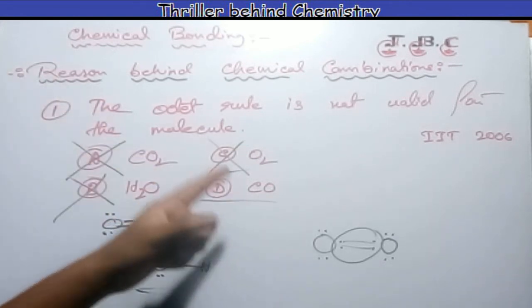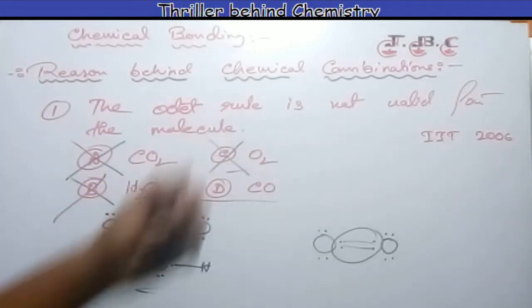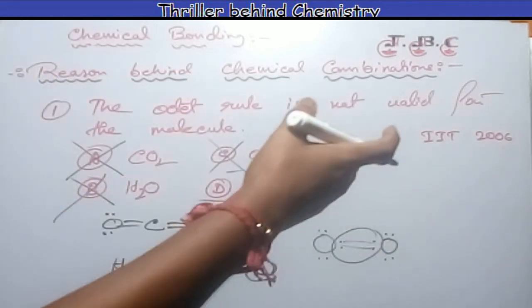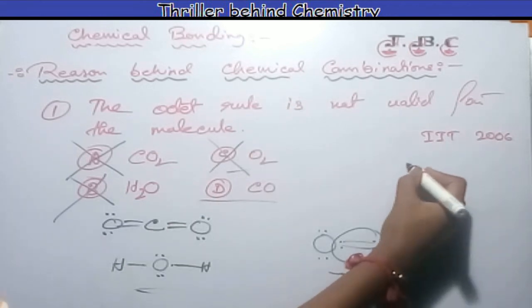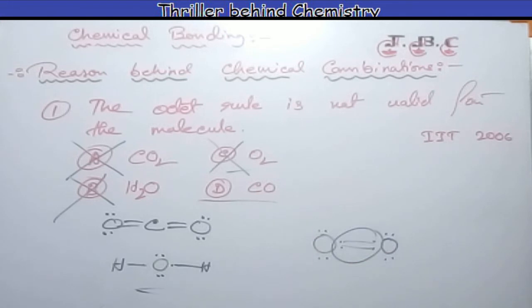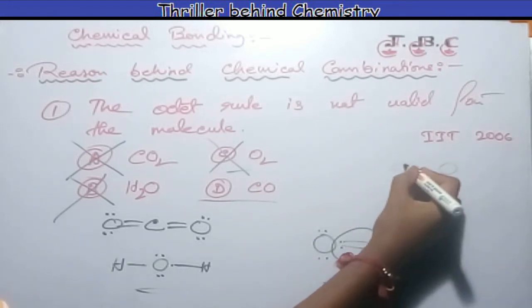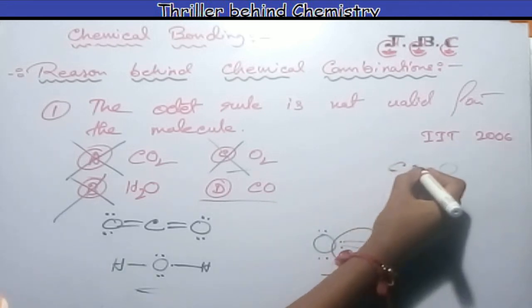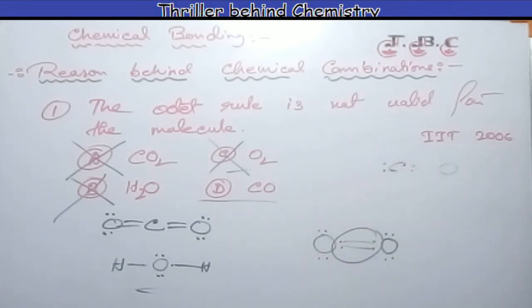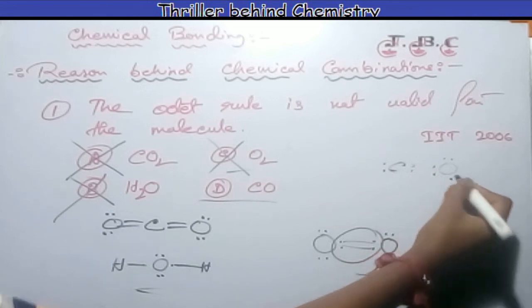The last one is carbon monoxide. This is the right answer, or the question is wrong for IIT 2006, mind it. So let's see. For carbon monoxide, carbon has 4 valence electrons, that is 1, 2, 3 and 4, and oxygen has 6 valence electrons, that is 1, 2, 3, 4, 5, 6.